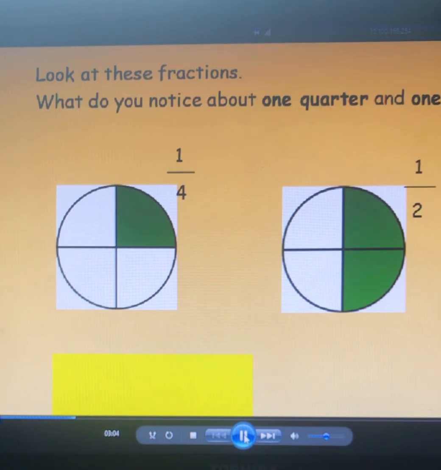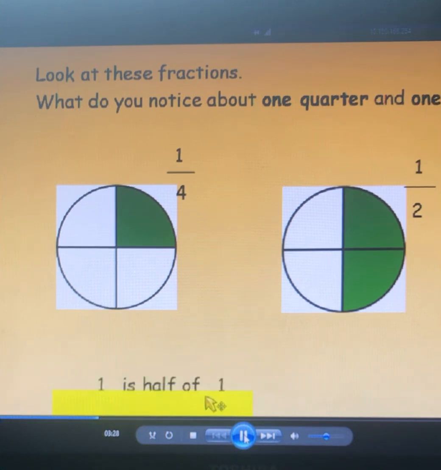Okay, right then, can you remember last lesson I showed you the pizzas and we talked about what you notice about 1/4 and a half here, look. What is a quarter if you're thinking about it compared to a half? Can you remember?